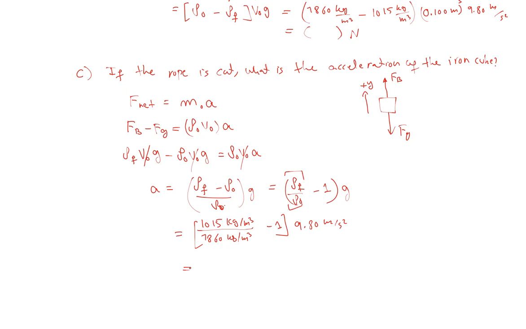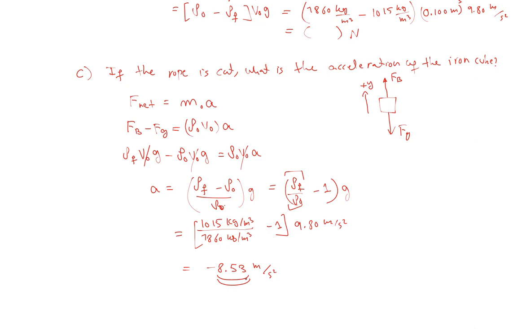And let's now calculate this number. So 1015 over 7860, minus 1, times 9.8. So you get minus 8.53 meter per second squared. So the acceleration is downward. If the acceleration is downward, its magnitude will always be less than g.